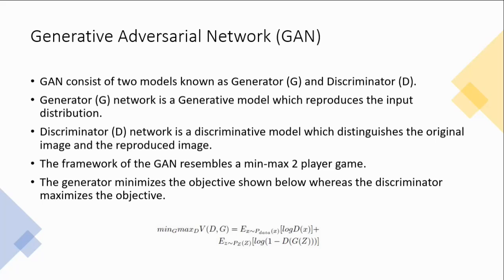The framework of a GAN resembles a min-max two-player game because the generator minimizes the objective, whereas the discriminator maximizes the objective. In training the GAN, the networks are trained individually in alternating periods. This is because otherwise the generator is trying to hit a moving target and hence would never converge.